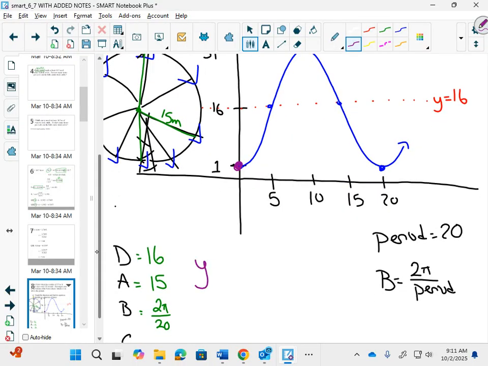So I can go y equals, I know my A value is 15. It's going to be a negative 15. I'll make that even more obvious. Y equals negative 15, because I'm doing a negative cos graph starting at the minimum. My B value is 2 pi over 20. X, no shift, and my D value is still plus 16.